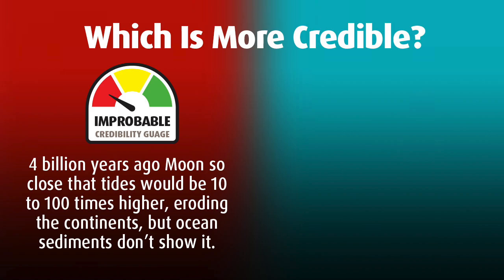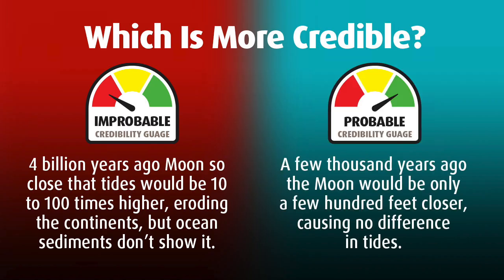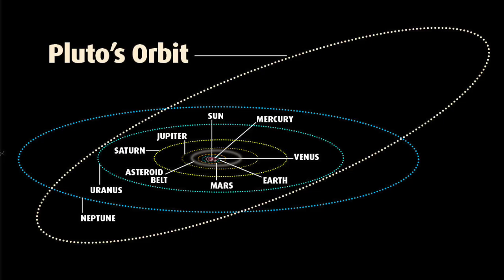Which is more credible? 4 billion years ago, the moon was so close that tides would be 10 to 100 times higher, eroding the continents, but the ocean sediments don't show it. Or a few thousand years ago, the moon would only be a few hundred feet closer, causing no difference in tides. Let's look at the orbit of Pluto.